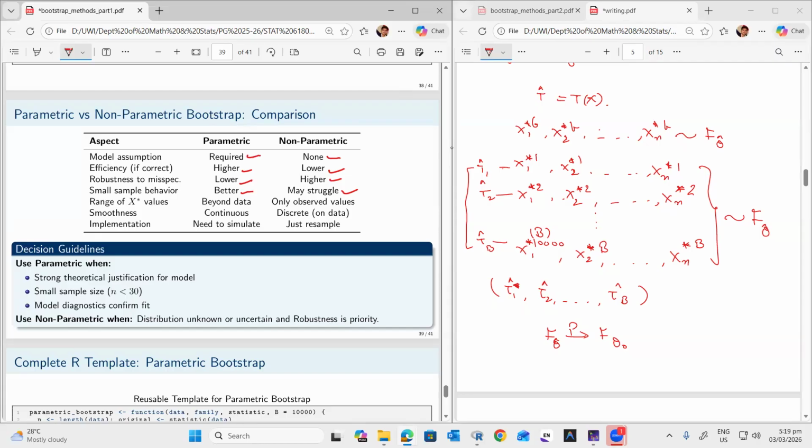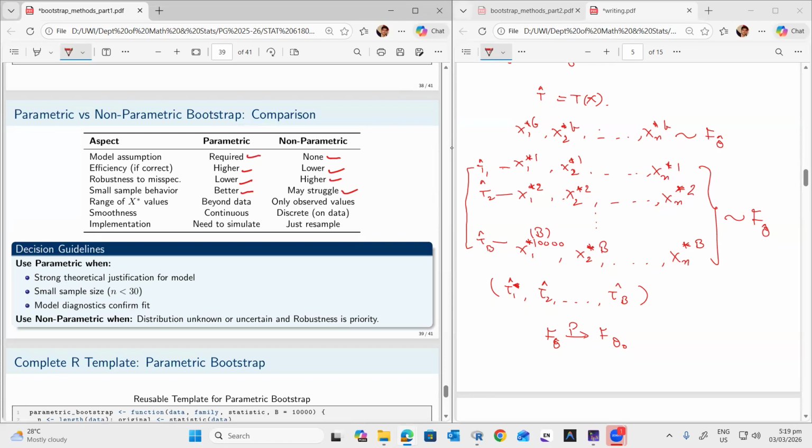So when should we use the parametric? Whenever we have strong theoretical justification for the model. We can also use it if the sample size is small, less than 30, but the distribution of the sample is given.